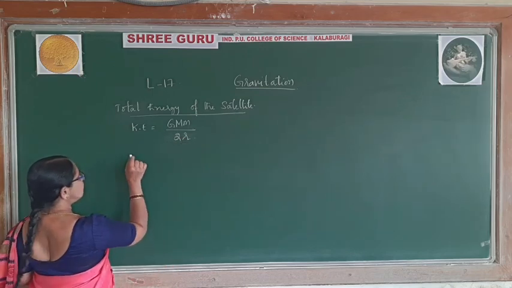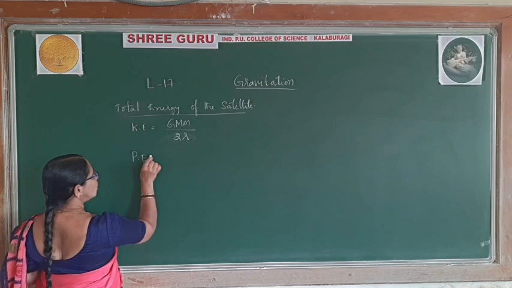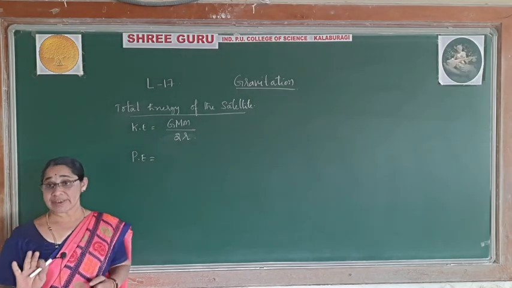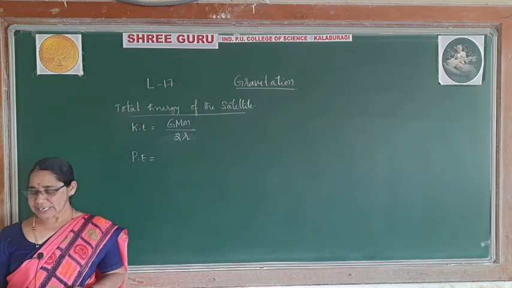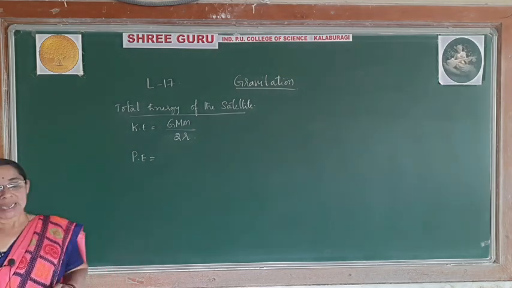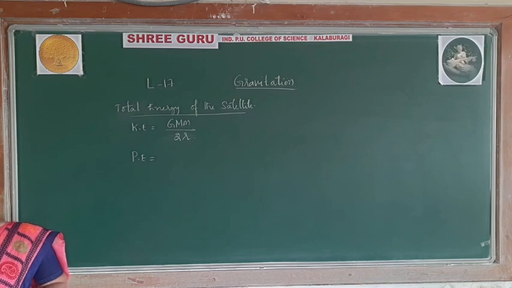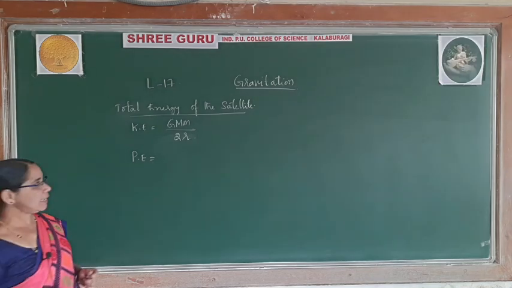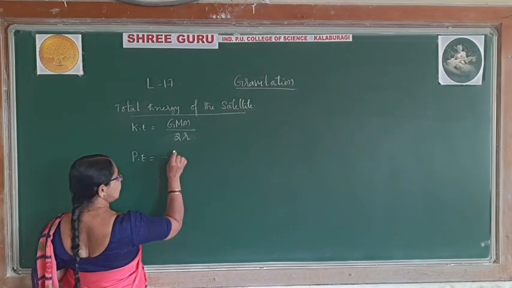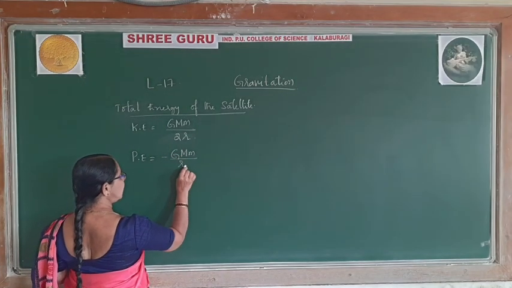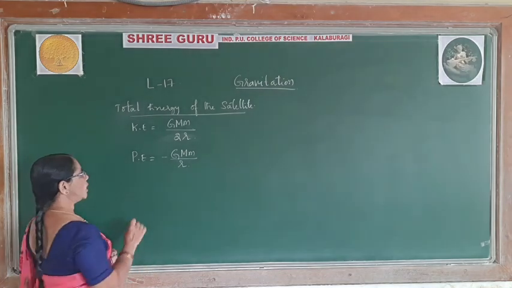So regarding potential energy, you know the expression for potential energy, and potential energy is always negative. So potential energy is always negative means you have the expression for potential energy, that is minus capital G capital M small m divided by r. Okay.